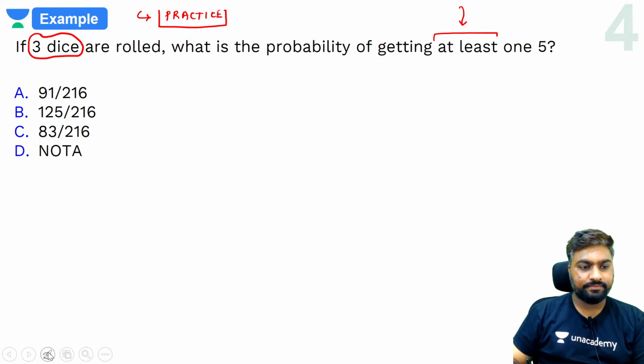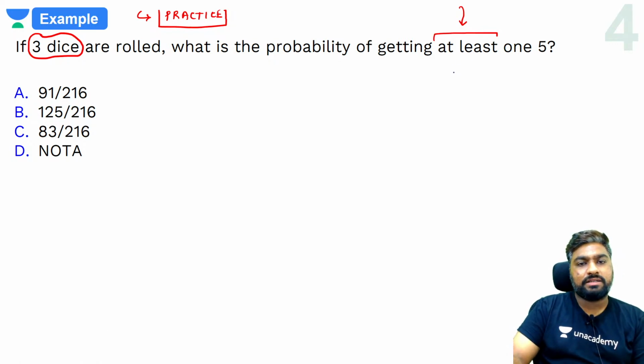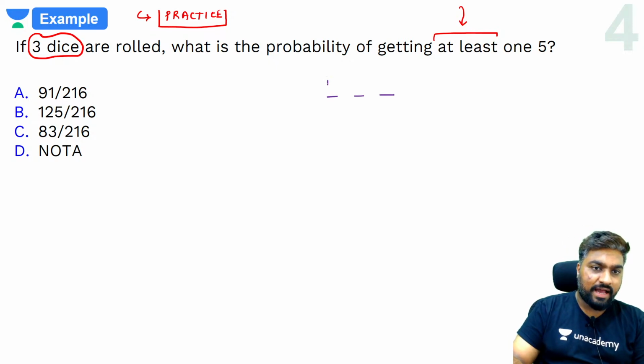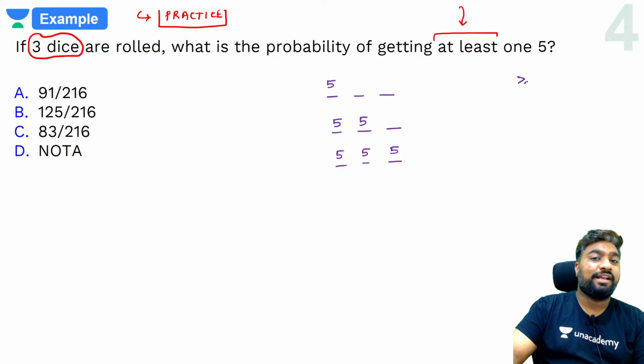Quick, quick. Yesterday we had seen at least. What do you mean by at least? Out of 3 dice, we should get 5 at one place, 5 in 2 places, or 5 in all the 3 cases. It does not mean the value must be greater than 5.